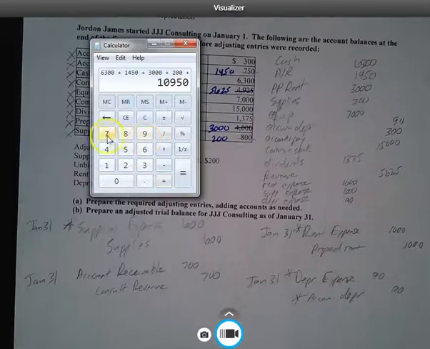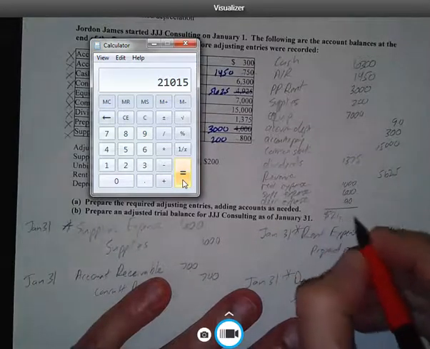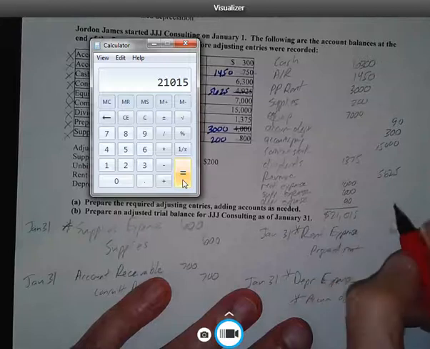Plus $7,000 for equipment, plus $13.75 for dividends, plus $1,000 for rent expense, plus $600 for supplies expense, plus $90 for depreciation expense, and that gives me a total debits of $21,015.